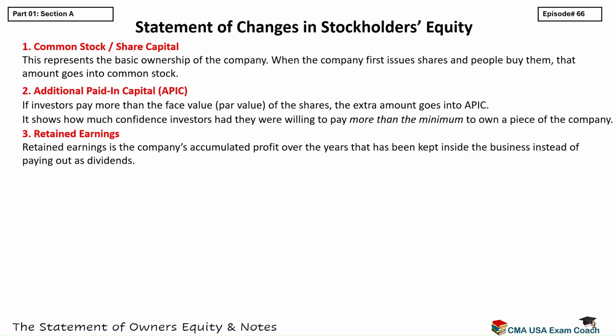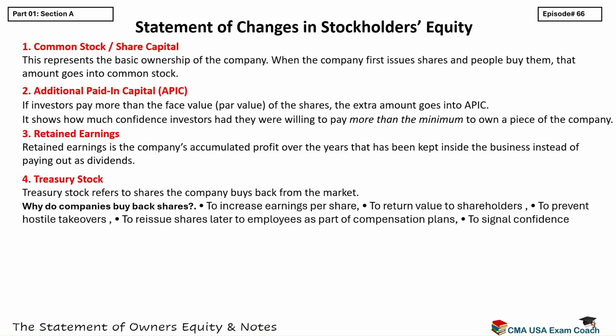4. Treasury stock. Treasury stock refers to shares the company buys back from the market. These shares are no longer considered outstanding, and buying them back reduces equity because the company spends its own money to repurchase them. Why do companies buy back shares? There are several reasons. To increase earnings per share, because fewer shares remain.